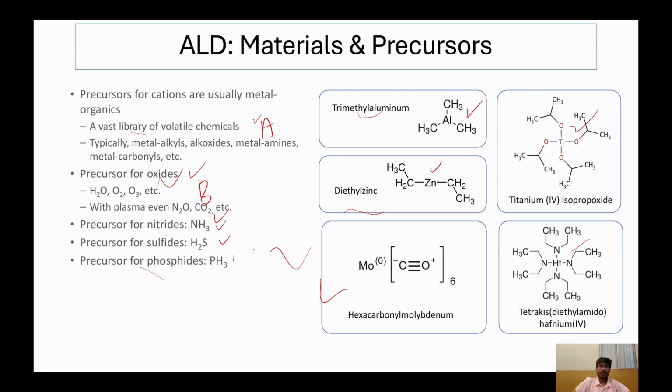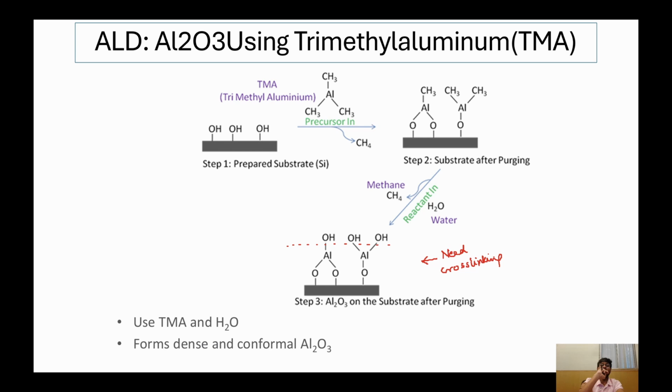And okay, now let us go through how aluminum oxide is deposited using trimethyl aluminum. Okay, so in this case you have a silicon substrate.